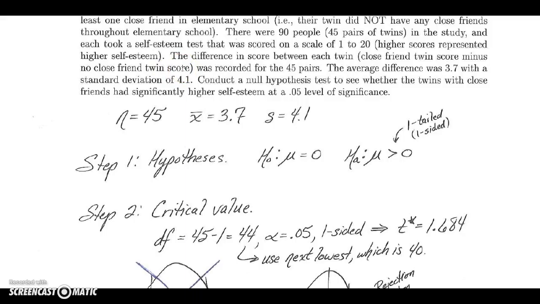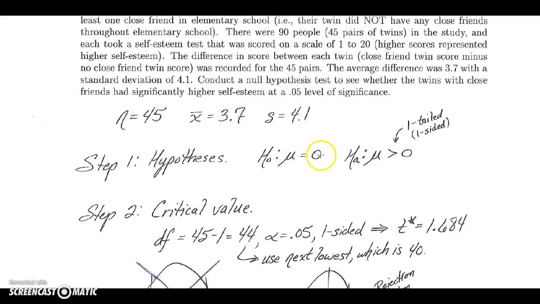So if you were the one with the close friend and you scored an 8 on this test, and your twin was the one without friends and they scored a 6, the difference score for your pair would be 2, because you would take your score of 8 minus 6 for your twin. So we only end up having one mean, one standard deviation, one of everything basically.